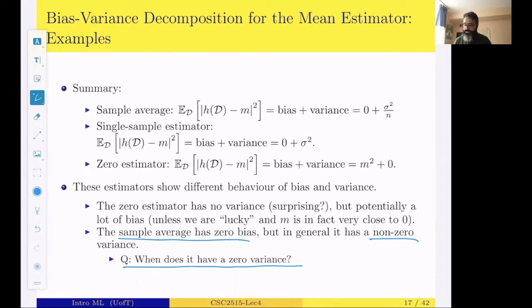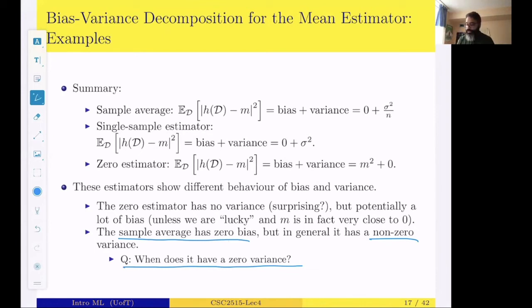Well, suppose n is finite. Right, so when the variance of y is equal to 0. Then the sample average doesn't have any variance, which basically means that our random variable y doesn't have any variations.